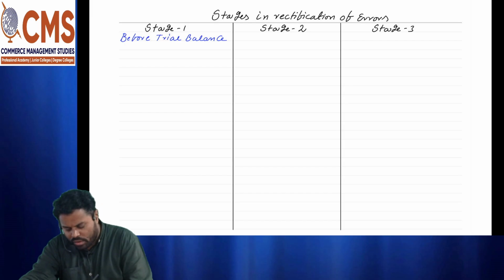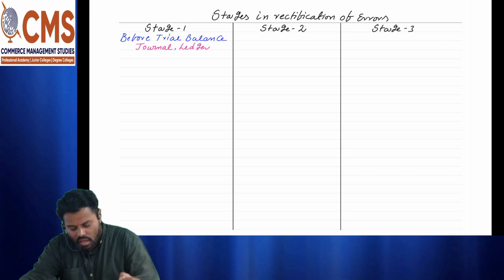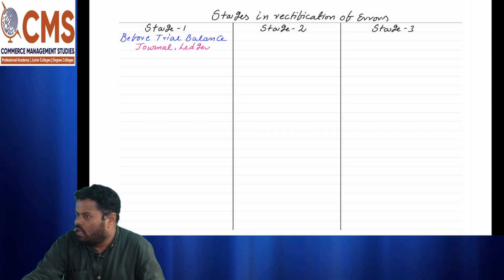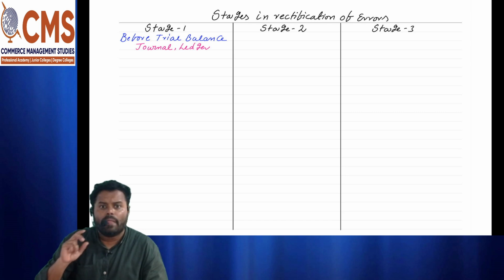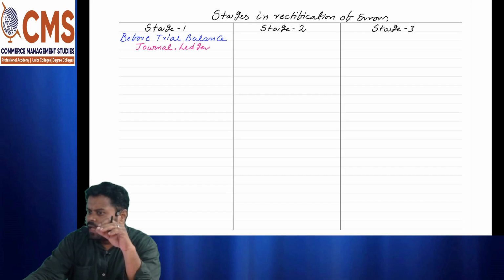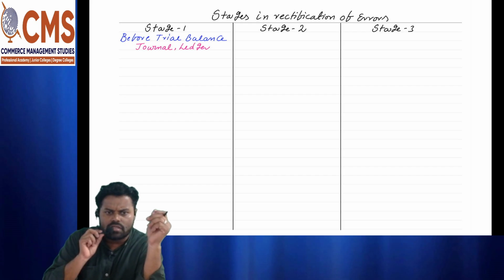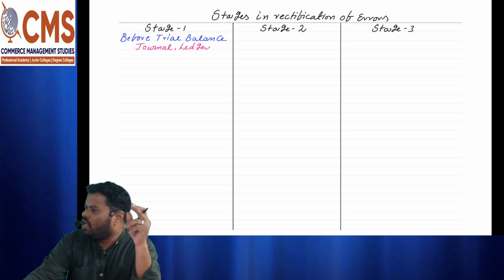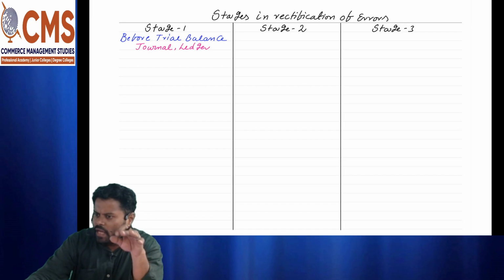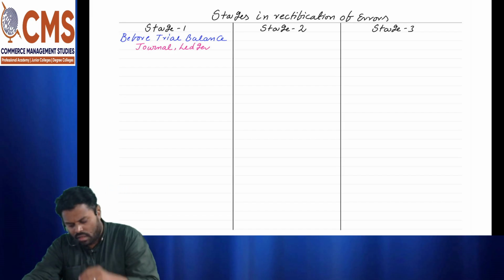Correct. So, are you trying to say that at the stage of journal or ledger? Correct. What is the first stage that you said just now? Before trial balance. So, what do you do before trial balance? Obviously, we'll do recording in journal, classification in ledger. After that, you prepare the trial balance. Correct.